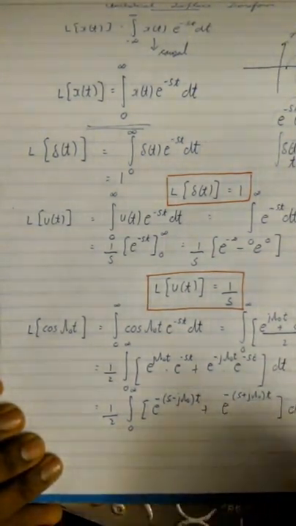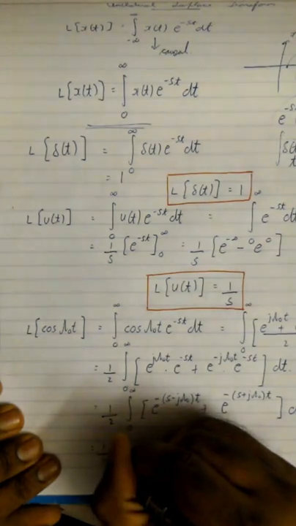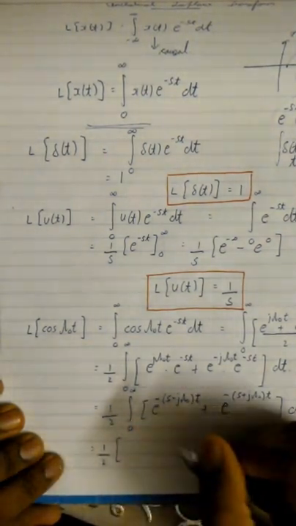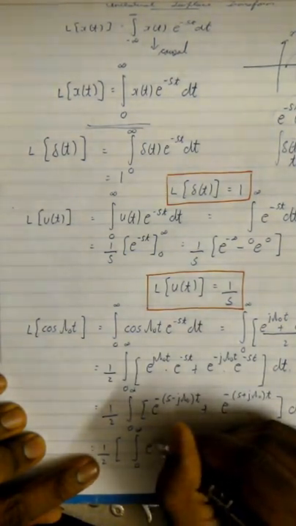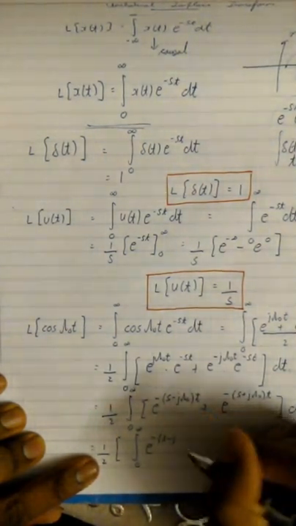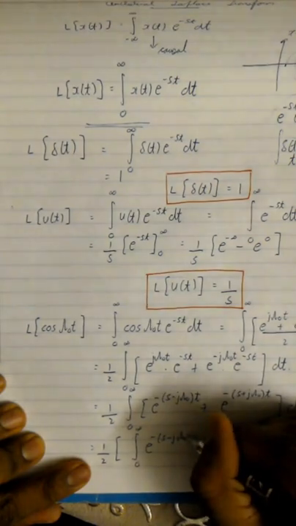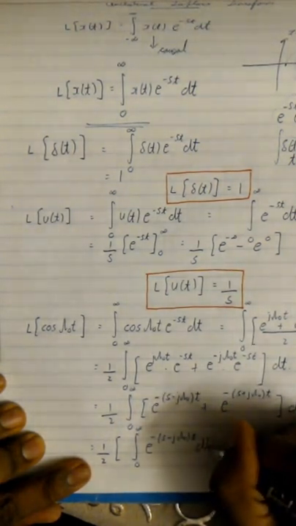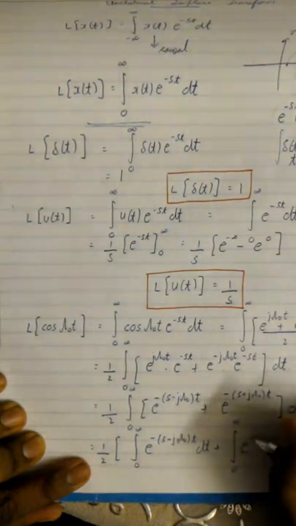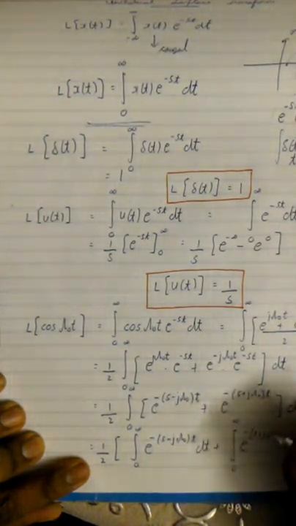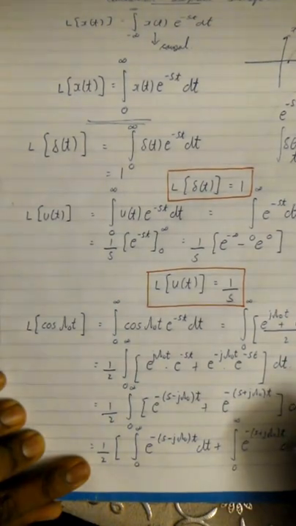Now I am going to integrate both of them: the integral from 0 to infinity of e raised to minus of s minus j ohm 0 into t dt, plus the integral from 0 to infinity of e raised to minus of s plus j ohm 0 t dt.